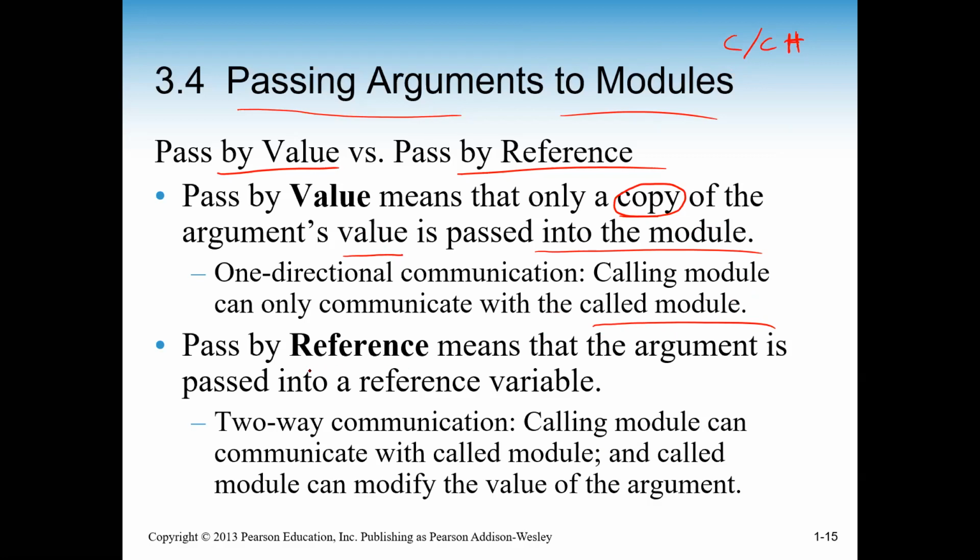Pass by ref, or by reference, means that the argument is passed into a reference variable. It's two-way communication. The calling module can communicate with the called module, and the called module can modify the value of the argument. So it's sort of like saying there's a link, or some people will say there's a pointer, or other people will say I have an address.